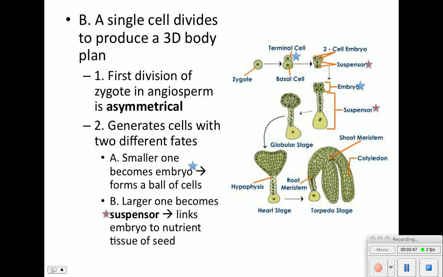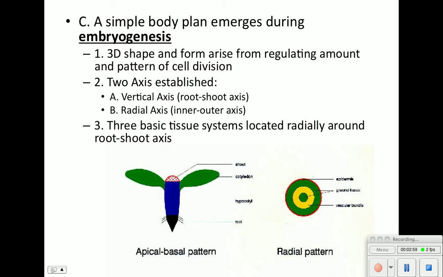So here's my embryo cell. Now it's 2 little cells in the embryo. My suspensor starts to grow, and it's forming this bridge, a suspensor, to that nutrition, which is down here. Okay. So then we start to see a simple body plan of this plant emerge during embryogenesis. And it's all regulated by the pattern or how much cell division occurs.